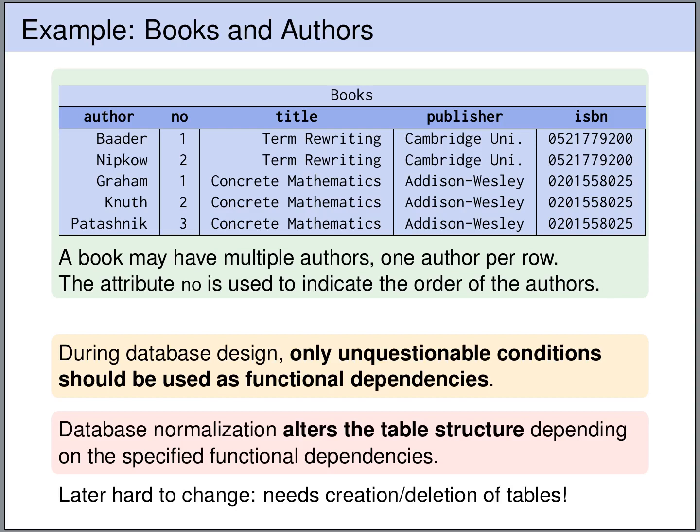If later on it turns out that we've used the wrong functional dependencies that do not hold in general, then this is something very difficult to correct later on, because it means that we have to change the structure of the tables, we have to delete tables, create new tables, and all this while trying to preserve the data that is stored in these tables.